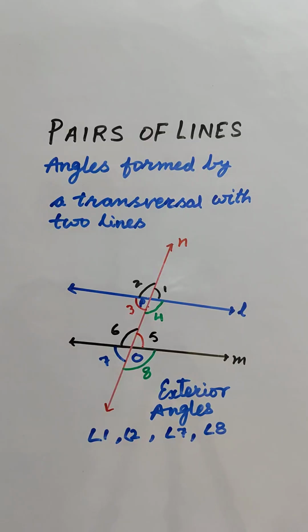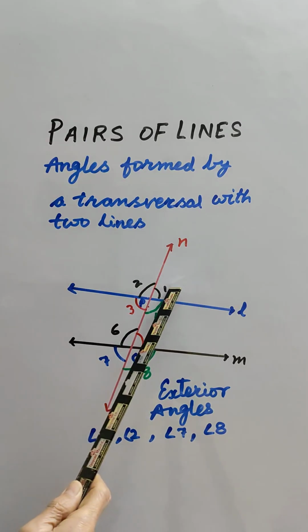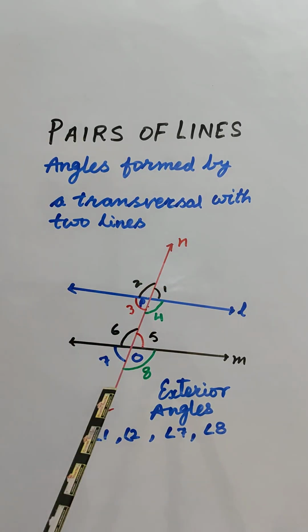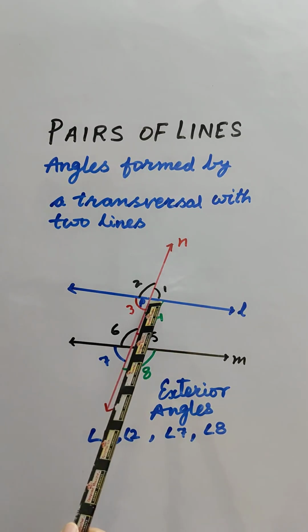The angles whose arms do not include PQ are called exterior angles. This way, angle 1, angle 2, angle 7 and angle 8 are exterior angles since they do not include line segment PQ.